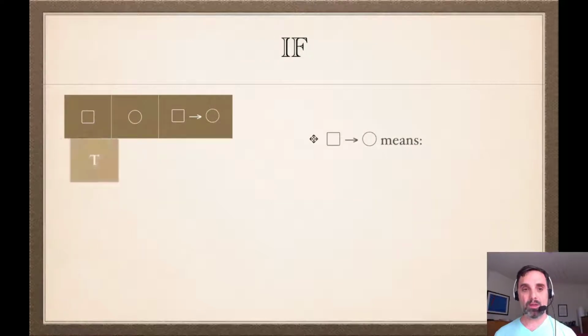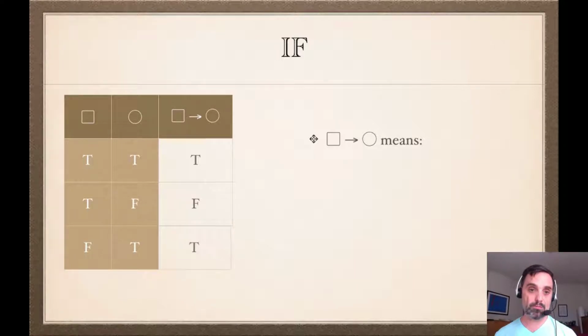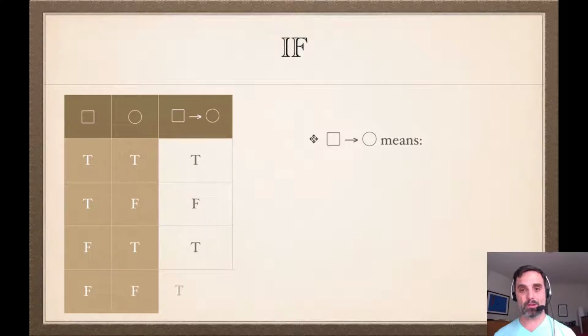And similarly with the if, we remember, if the antecedent and consequent are both true, then the conditional is true. If the antecedent is true and the consequent is false, then the conditional is false. If the antecedent is false and the consequent is true, the conditional is true. And if the antecedent and consequent are both false, then again the conditional is true.